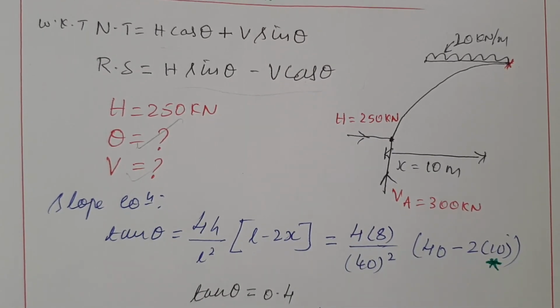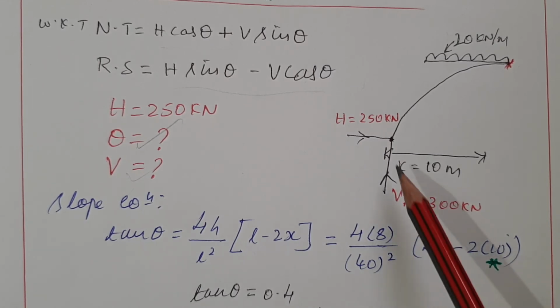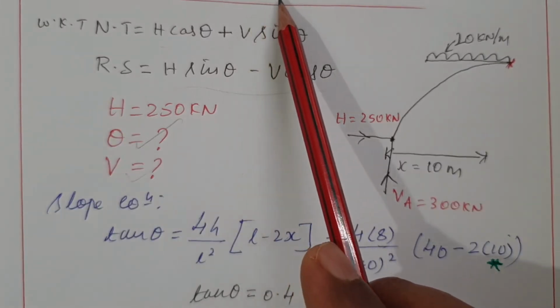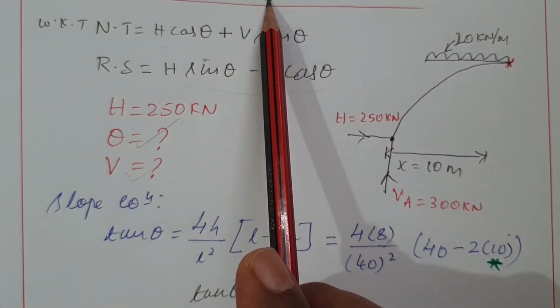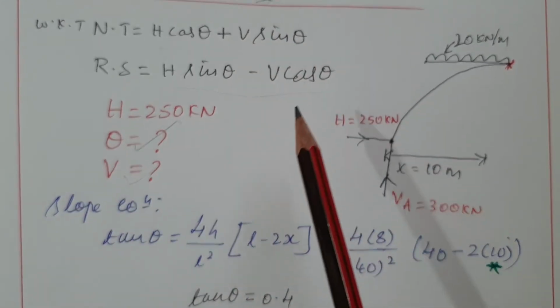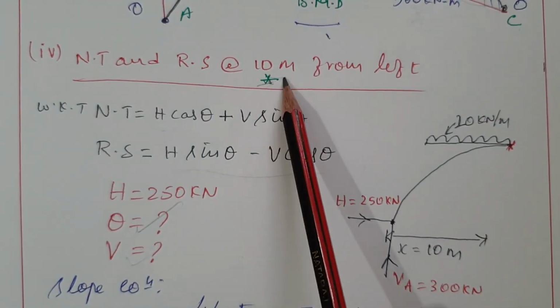To calculate that, we know the slope equation: tan theta equals 4h by L square, multiplied by L minus 2x. We know L value is 40, we know H value is 8, and the unknown here is x. X is given clearly in the question, at a distance of 10 meter from the left support.